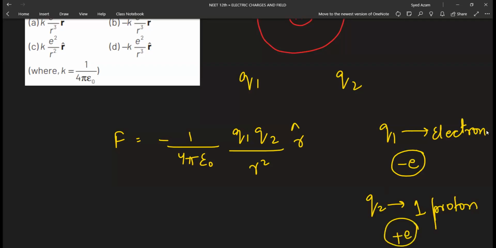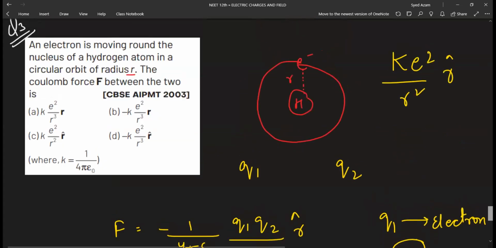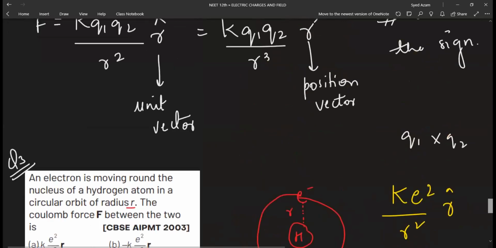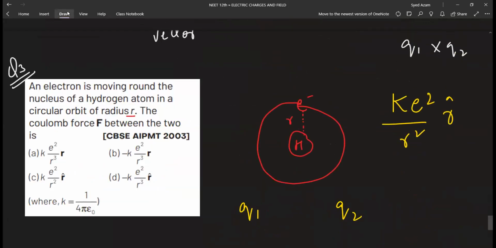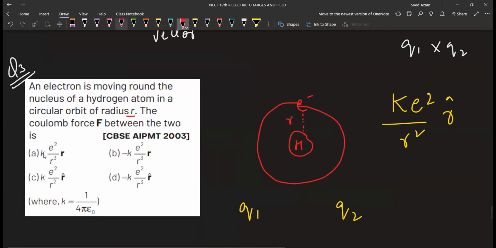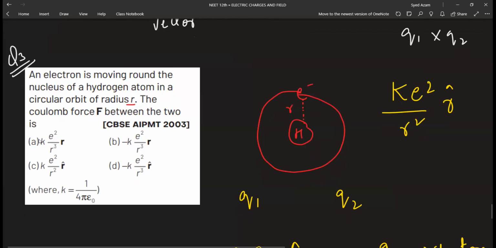And what did we discuss before this? That in vector form, you have to include the signs also, right? Now look, let's match all the options here. The first option is not negative. So these two options are incorrect anyway, because when you multiply minus E into E, you will get minus E square. So the answer will have a negative sign because all these are written in vector form.